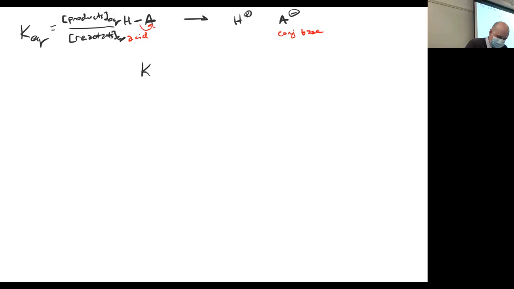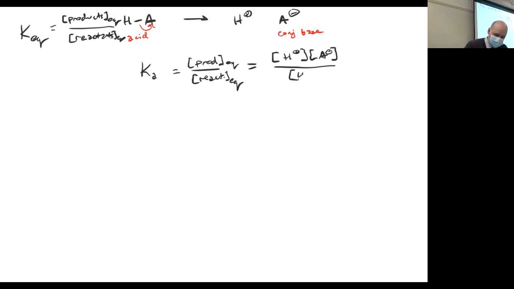For any acid reaction, you're going to have a Ka that is the same thing: your products over reactants at equilibrium. In this case specifically, our products are H plus and A minus over the concentration of HA.